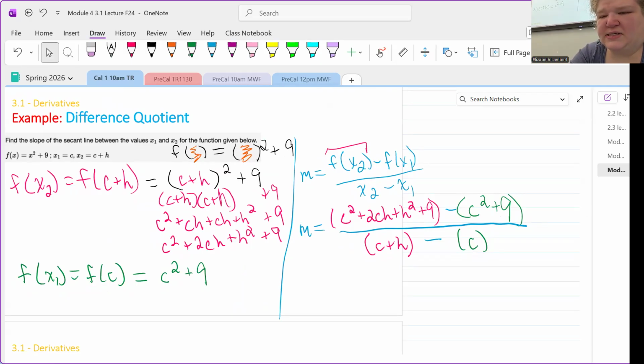All right, do the pieces all make sense, like where we put them in there? Now, do you see how the parentheses are playing a really critical role here?